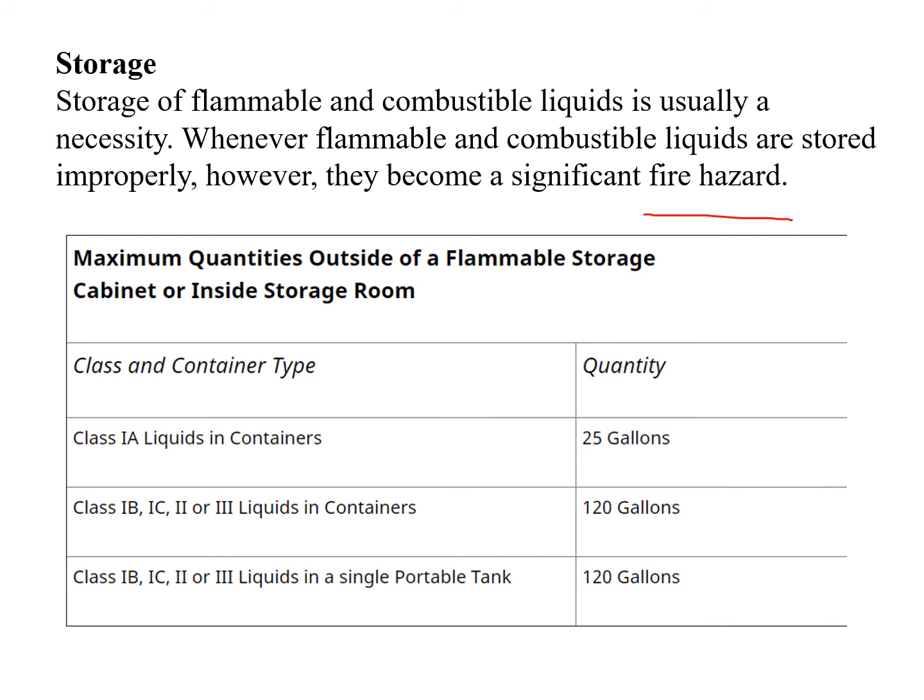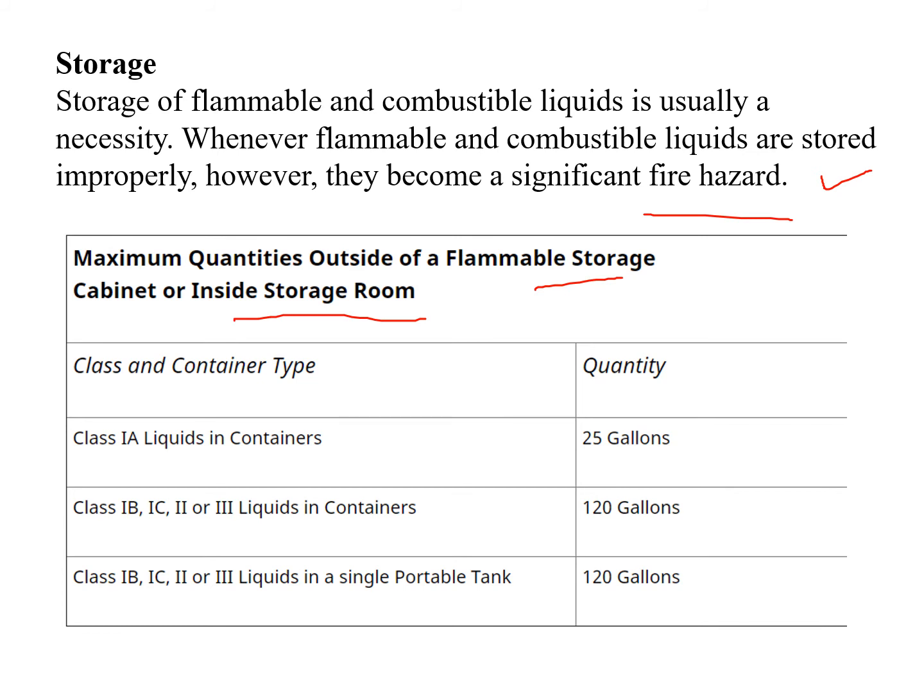And of course their maximum quantities we can store, for example in the cabinets or inside the storage room. We have to follow certain protocols, and then of course we can avoid fire hazards.